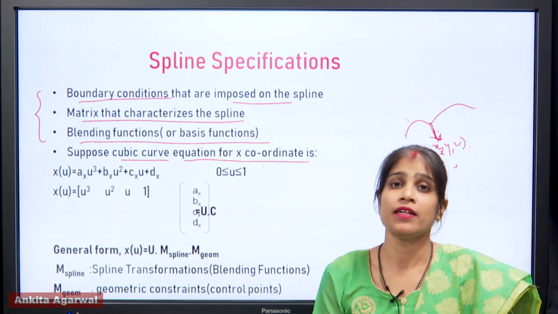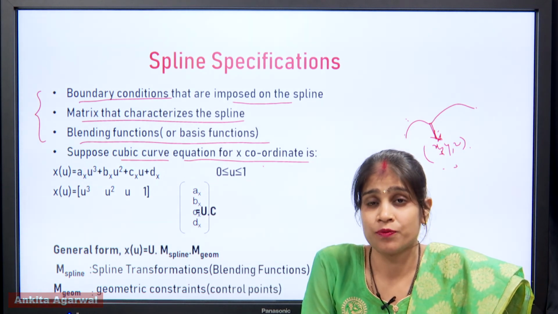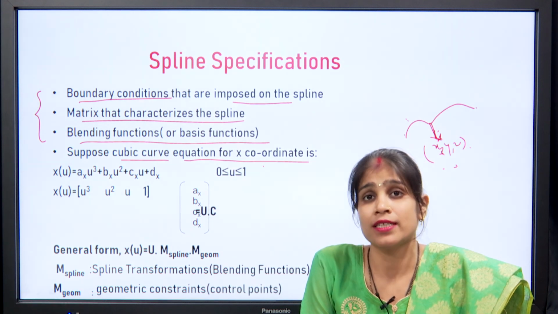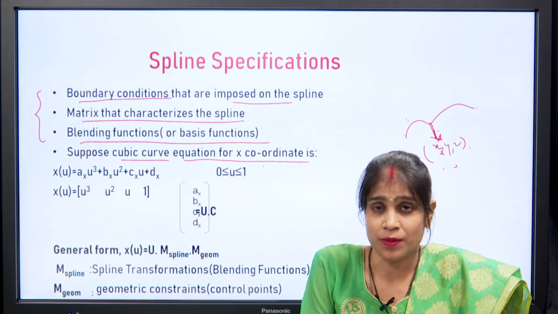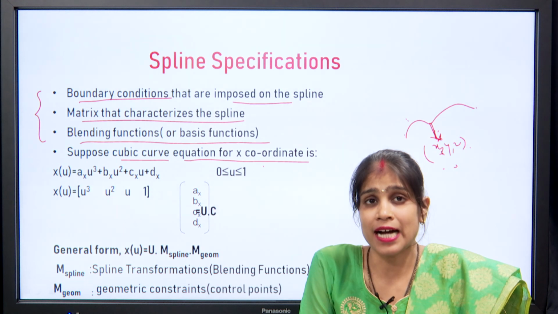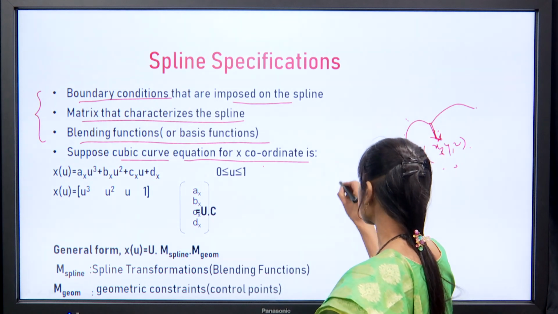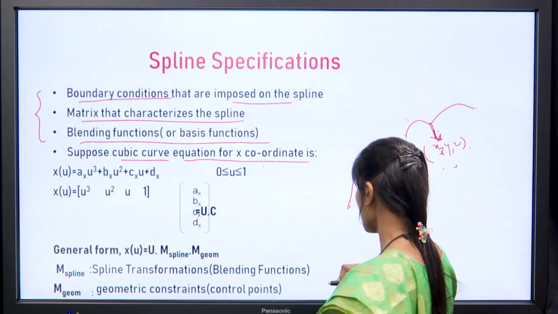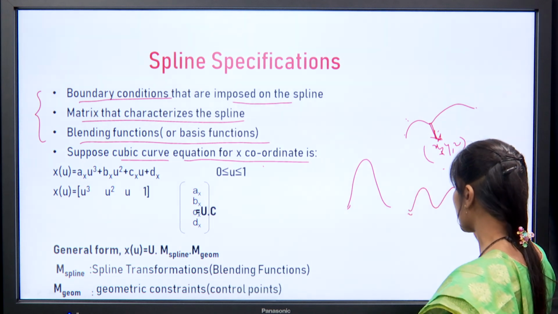One thing more I would like to tell you is why we are taking a cubic curve. We are taking a cubic curve because it provides flexibility and less computation. If we take a second order parametric curve, the flexibility is less, because a second order parametric curve is like a parabola, only a parabola, whereas a cubic has a curve equation.